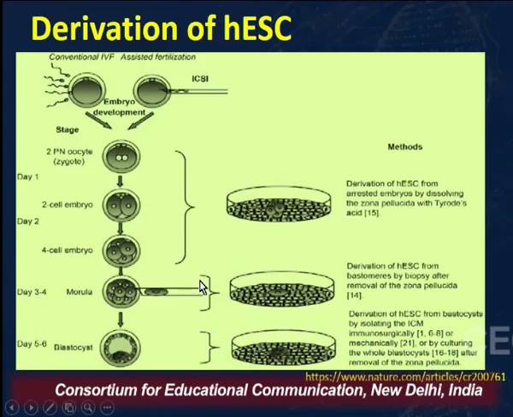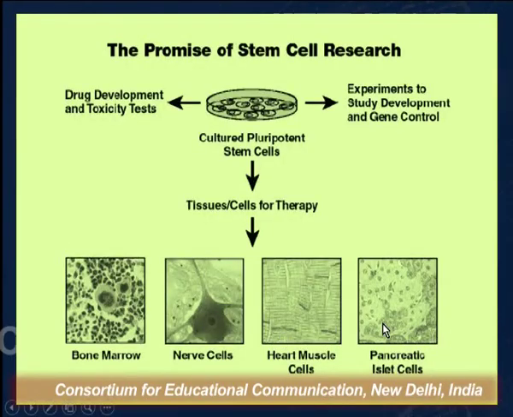Many xeno-free mechanisms have also been developed to derive human embryonic stem cells, but these are the basic mechanisms that we need to talk about. Now, as I said, these pluripotent stem cells can be employed for tissue and cell therapy, through the generation of different organoids or tissues such as bone marrow, nerve cells, heart muscles, etc. They can be induced to develop into any of the tissues and therefore can be used in therapy.